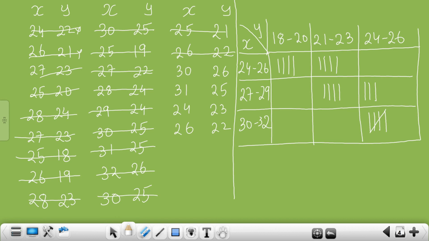And x is 30 and y is 26. X as 31 and y as 25. Okay, and x as 24 and y as 23, and x is 26 and y is 22.